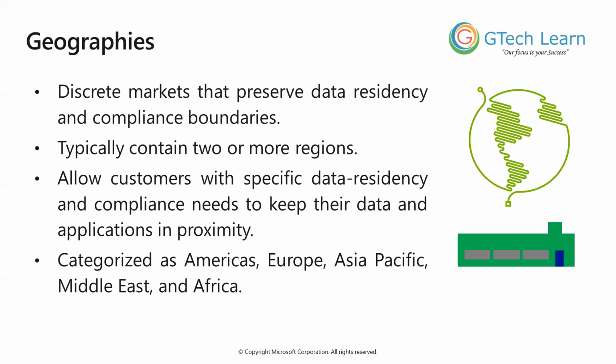If you see the hierarchy, it is like geographies, then in geographies we will have regions, in regions we will have availability zones, in those availability zones we will have different region pairs, and in those we will have data centers. So the hierarchy will be something like this.